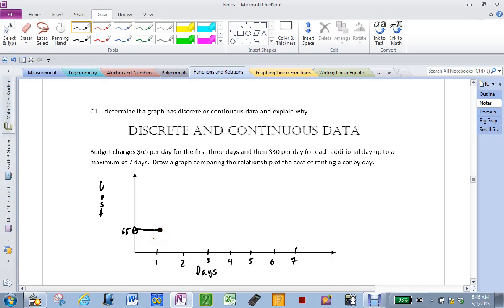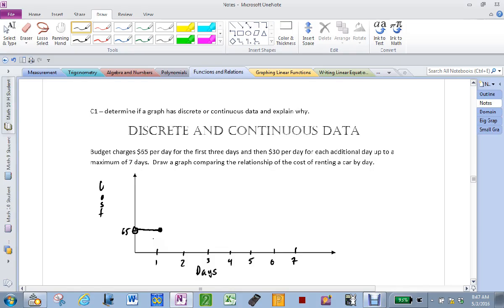$65. What if I keep it for 24 hours and 0.000000000000000000001 hours? Then how much do I pay? Still $65?